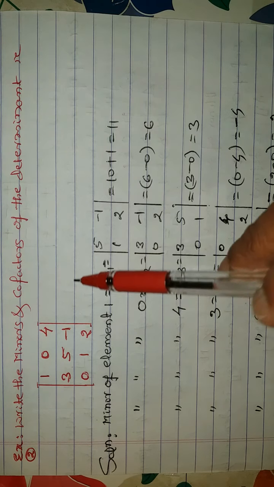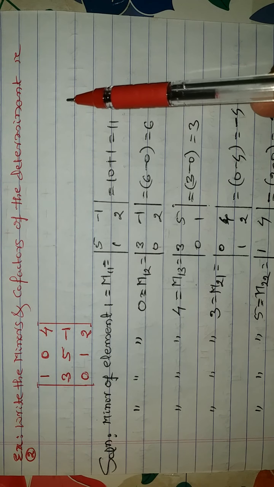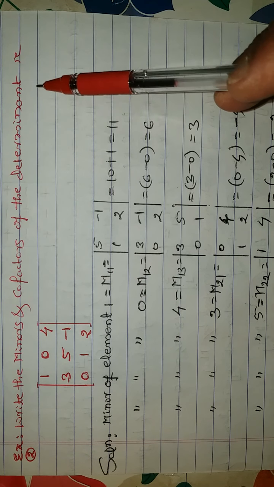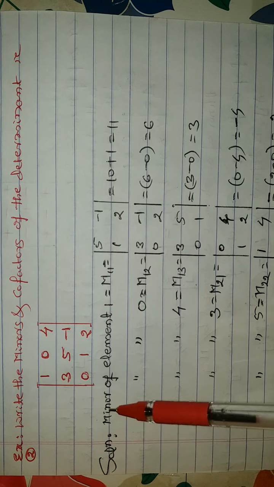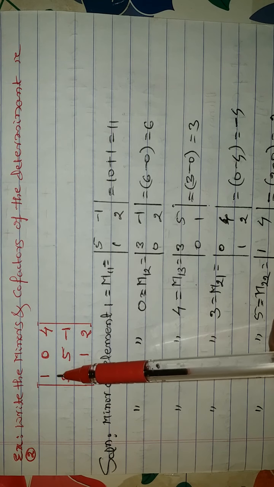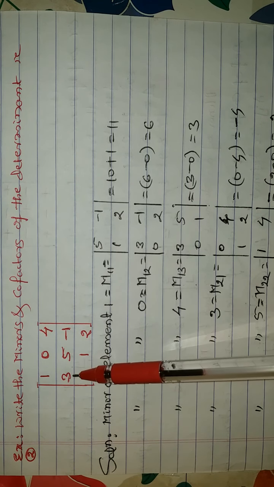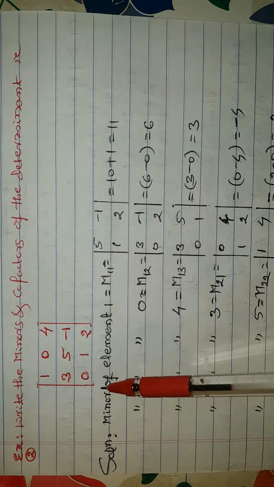Write the minors and cofactors of a determinant of third order. Delta is equal to 1, 0, 4, 3, 5, minus 1, 0, 1, 2.